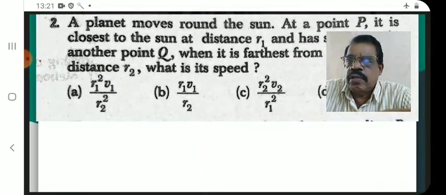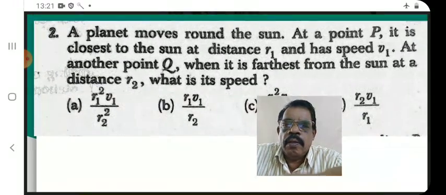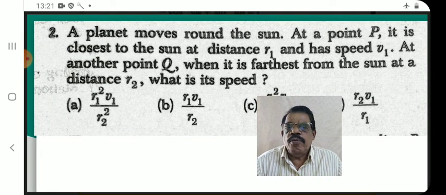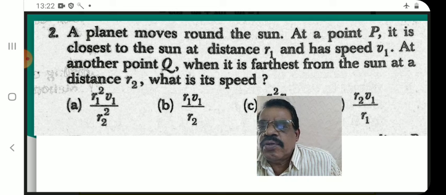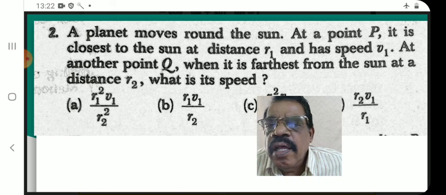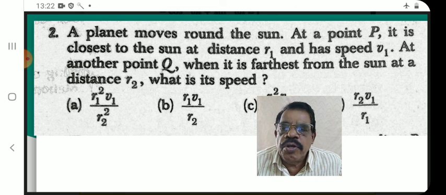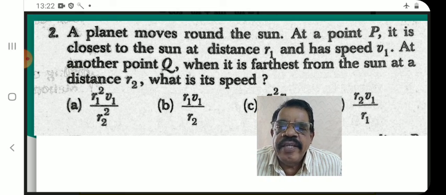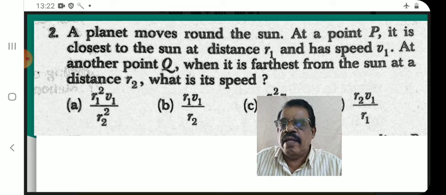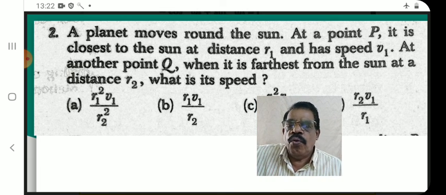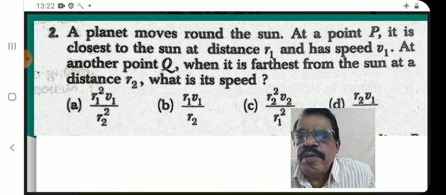Next question. A planet moves around the sun.